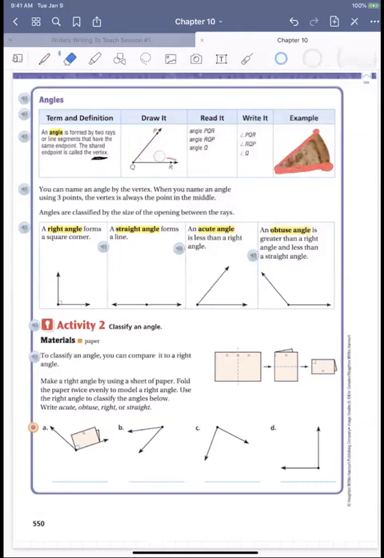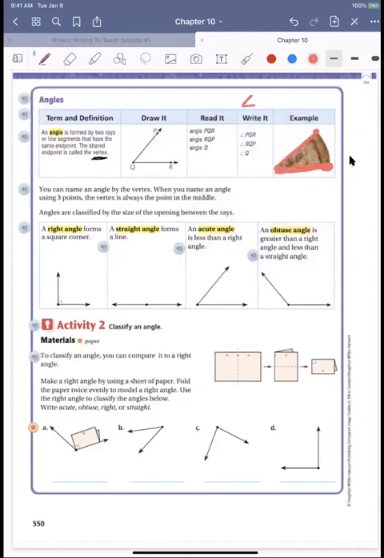And if we were just talking about the angle itself right here, we would read it angle Q, because that's where they meet. Okay. And we write it by using this cool little angle sign. It reminds me of when we do greater than or less than, the mouths, but the bottom is flat. So that's what makes it a little bit different.